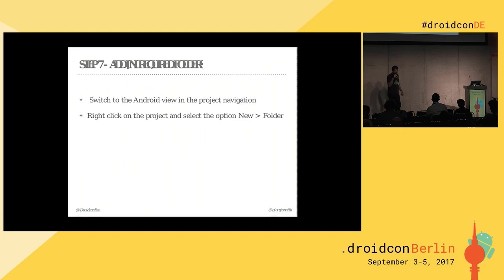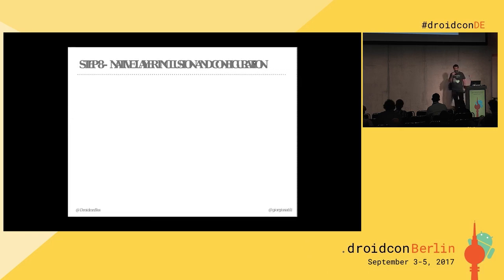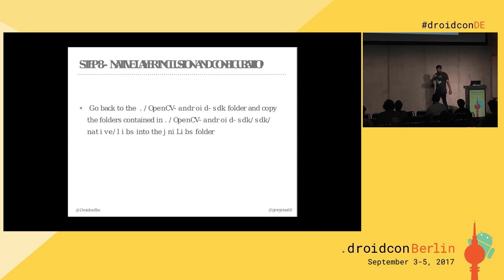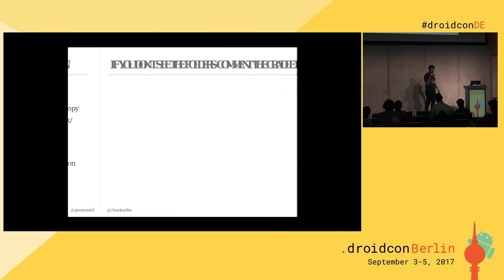Switch to the Android view, right-click, create a new folder, and you can create a JNI folder. The JNI folder is where you store all the C++ files that are needed to extend a little bit the capabilities of OpenCV. You go back in OpenCV, and you also create a jniLibs folder to store all the .so files that you find in the native folder that we saw before.